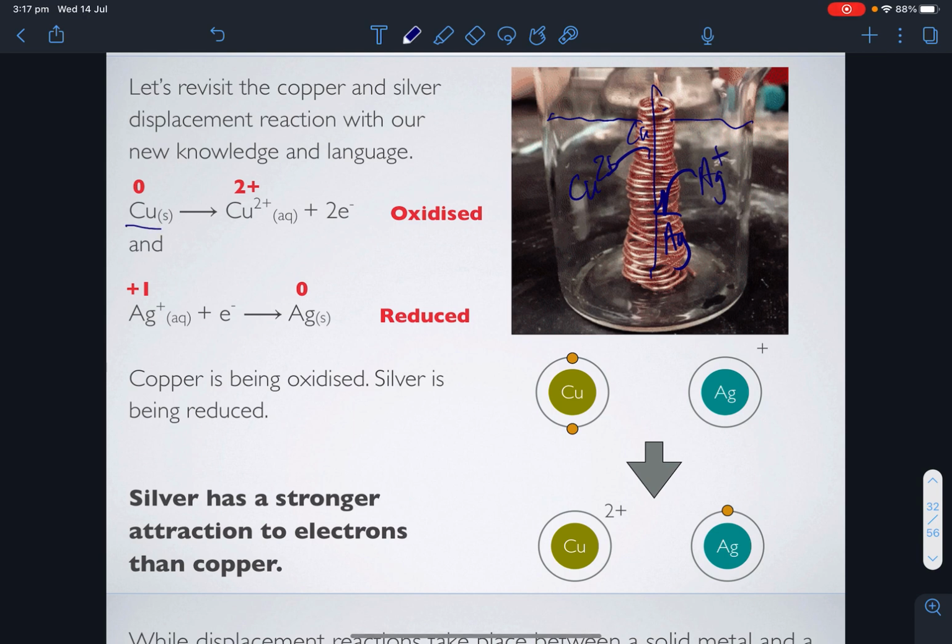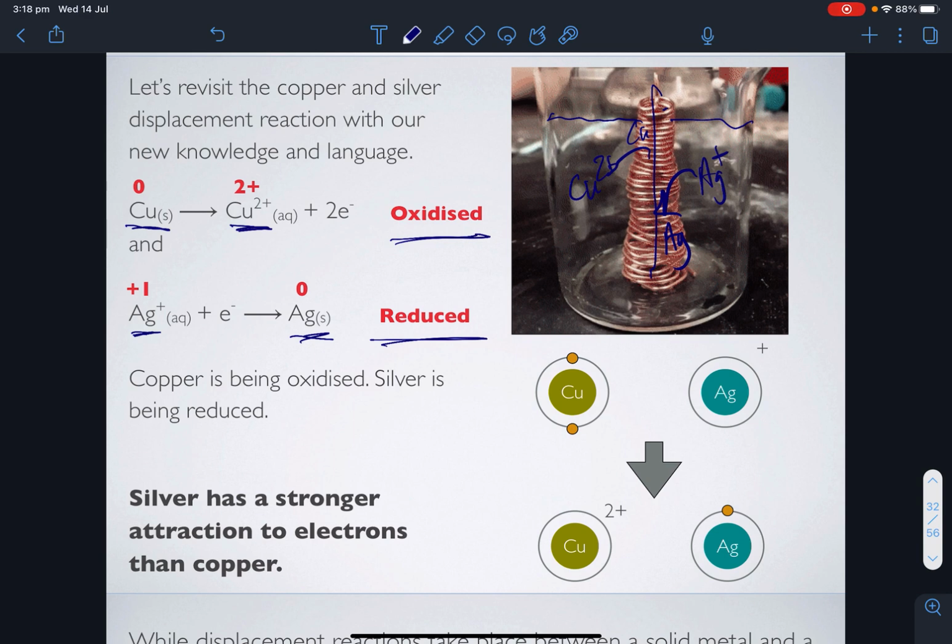So we had copper going to copper 2 plus. So it was losing electrons, so it was oxidized, and silver was going from silver plus to silver solid. It was coating it, it must have been reduced. So this displacement reaction was a redox reaction. We had silver being reduced while copper was being oxidized.